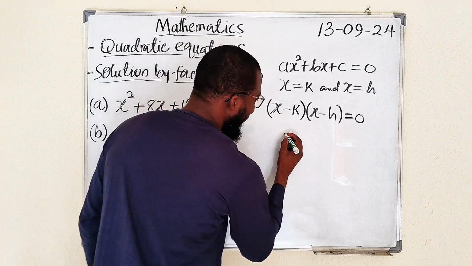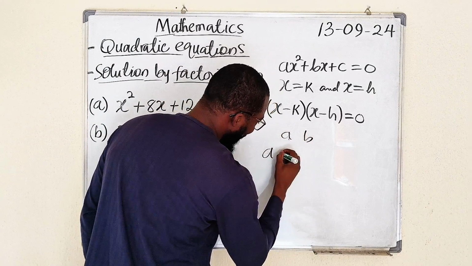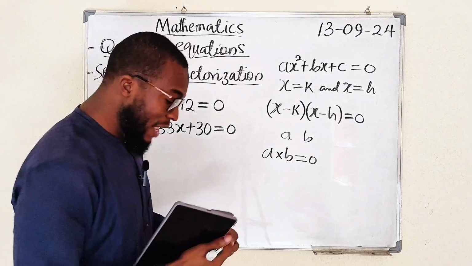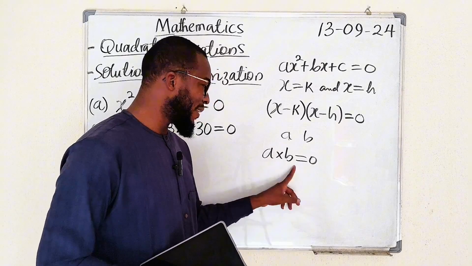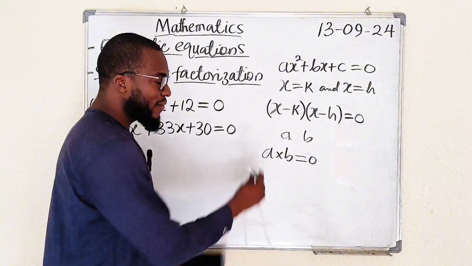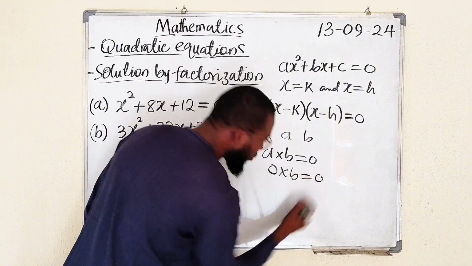Because if I have two numbers like a and b, a multiplied by b equals 0. There is no way a multiplied by b will be equal to 0 if not one of them is 0 or all of them. Because if one of them is 0, for instance, if a is 0, you have 0 multiplied by b, this is 0, right?